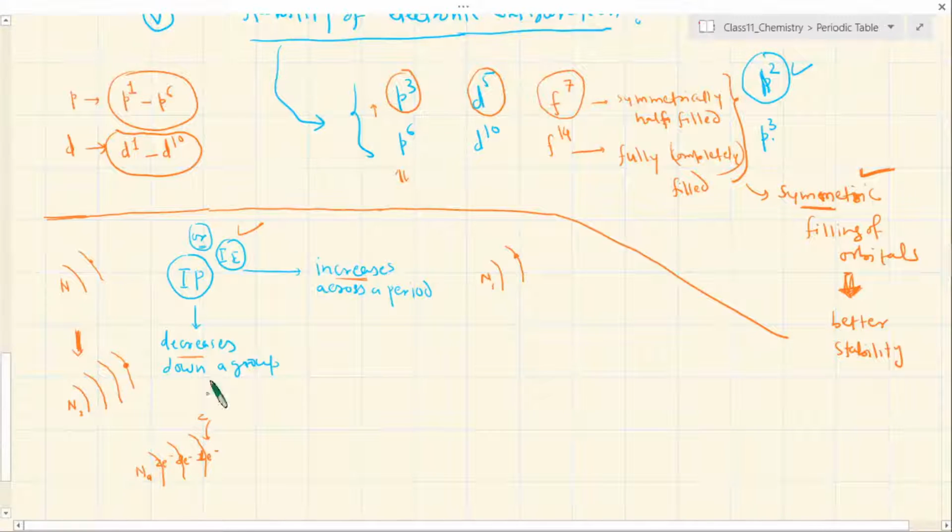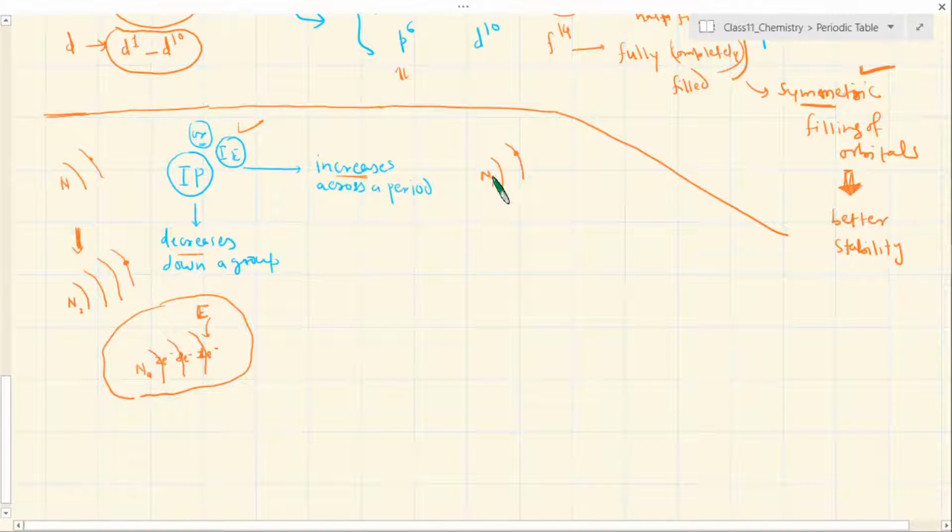So it is difficult to remove the electron because the attractive power is increasing. Okay, that's the whole thing I'm talking about. Consider that all these factors are going to play a role simultaneously. Not just one but all of them. So this is a general trend.